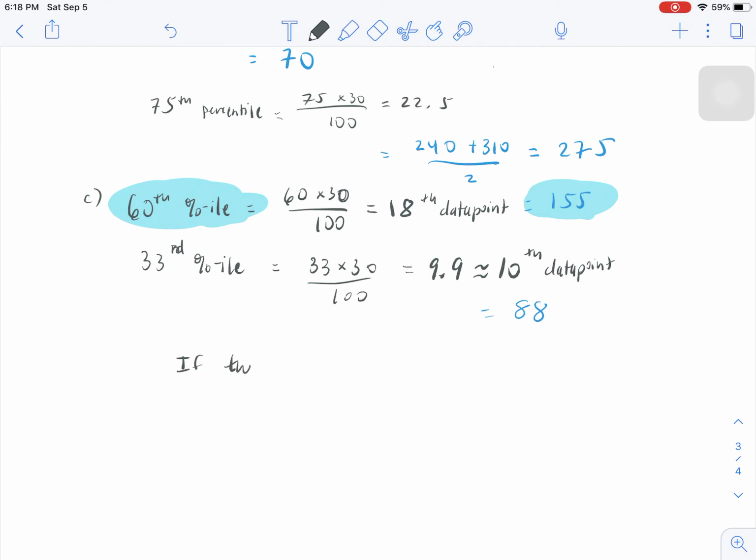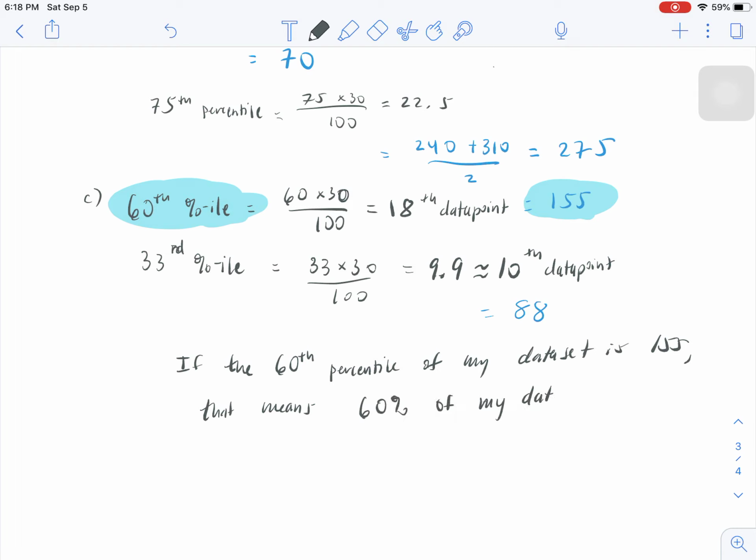If the 60th percentile of my data set is 155, that's the same thing as saying that 60% of my data lies below 155.